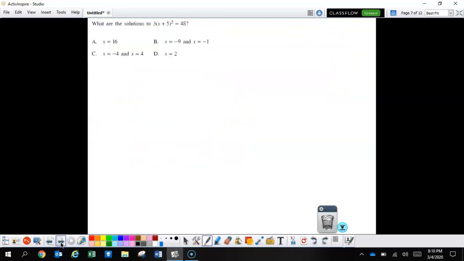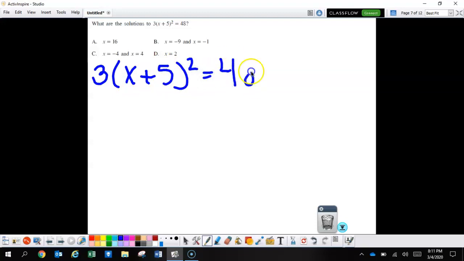Okay, next one. What are the solutions to that equation? So this is kind of the same thing as the one before. So 3 times the quantity x plus 5, squared, equals 48. So I want to get x by itself, so I have to get rid of some of the stuff. So first thing I'm going to get rid of is that 3, so I'm going to divide by doing the opposite.